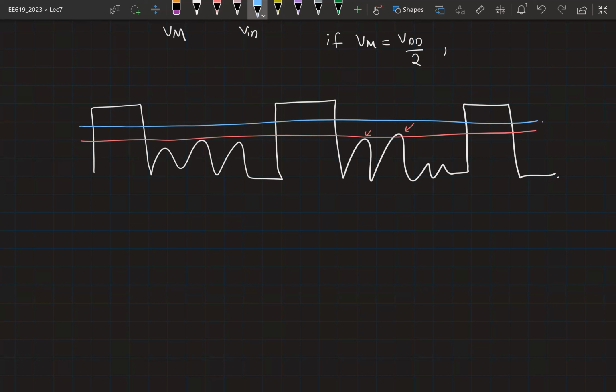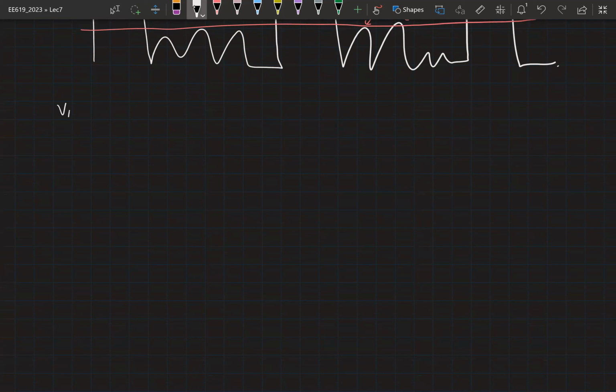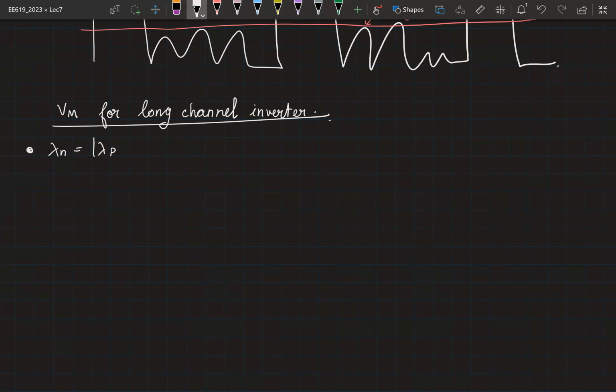Now we have done the calculations for the short channel inverter. We will repeat the same for the long channel inverter. We will again start with the assumption lambda n equal to mod lambda p equal to 0. What is the region of operation of NMOS? This will be in pinch off saturation.